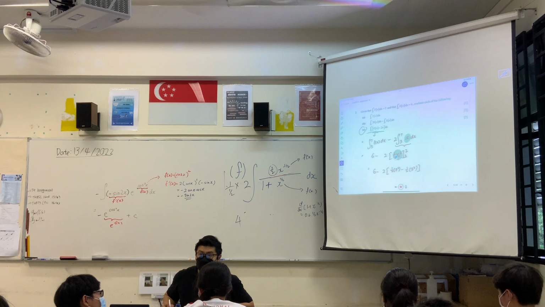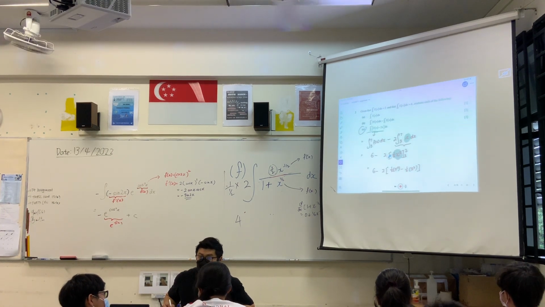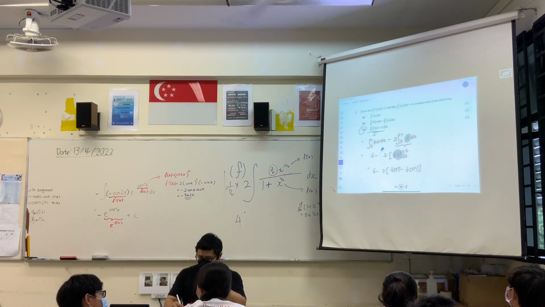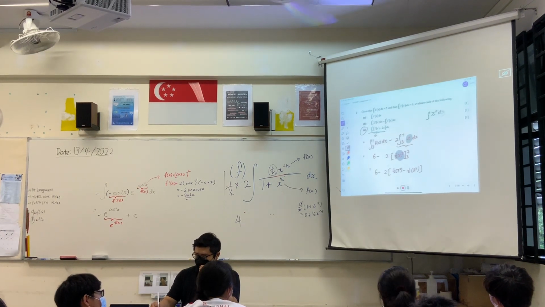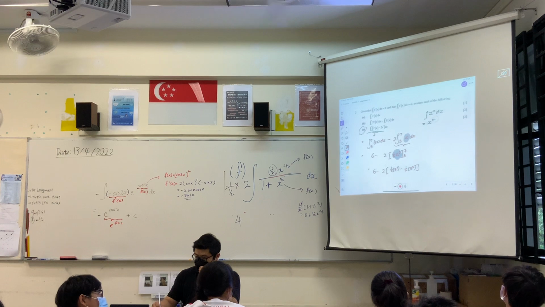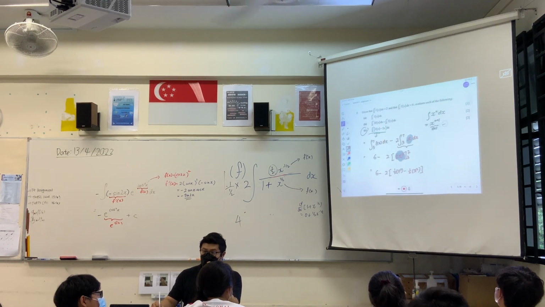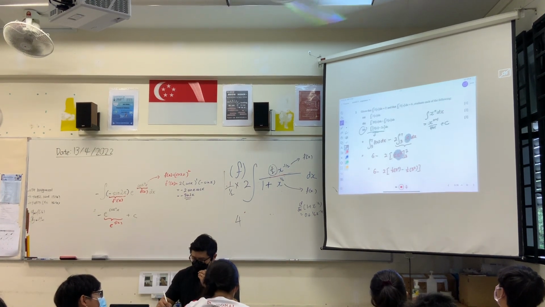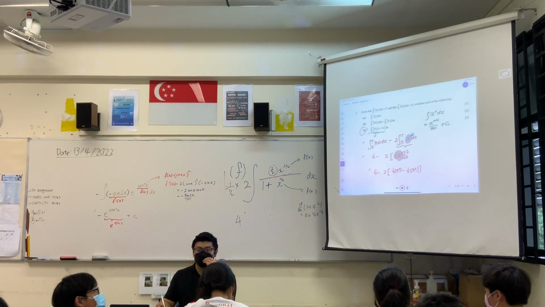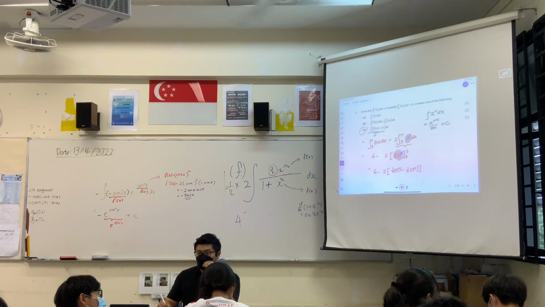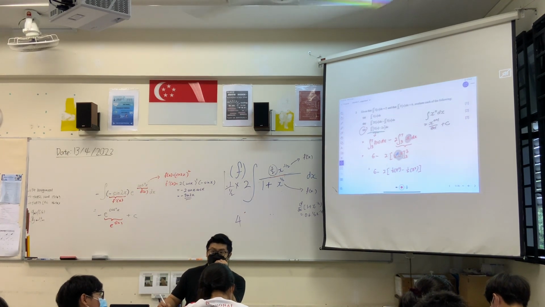When you integrate x to the power of n dx, this will give you x to the power of n plus 1 over n plus 1. So if I integrate x to the power of 1, I get x to the power of 2 over 2.